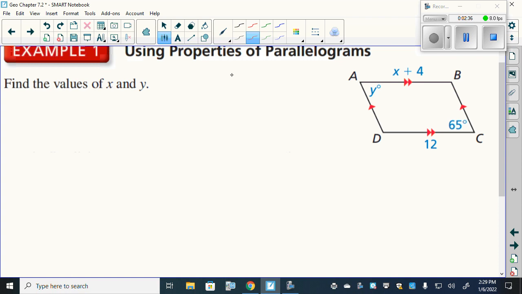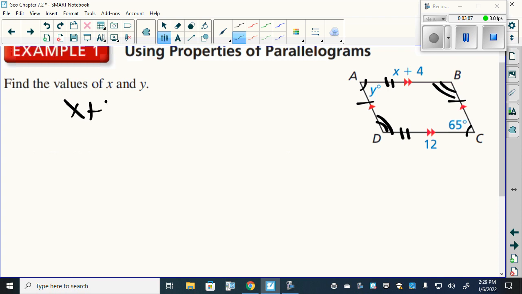So when we look at this here we have a parallelogram. And because it's a parallelogram, we know that the opposite sides are congruent. So these two sides are going to be congruent, and these two here. And we also have that the opposite angles are congruent.